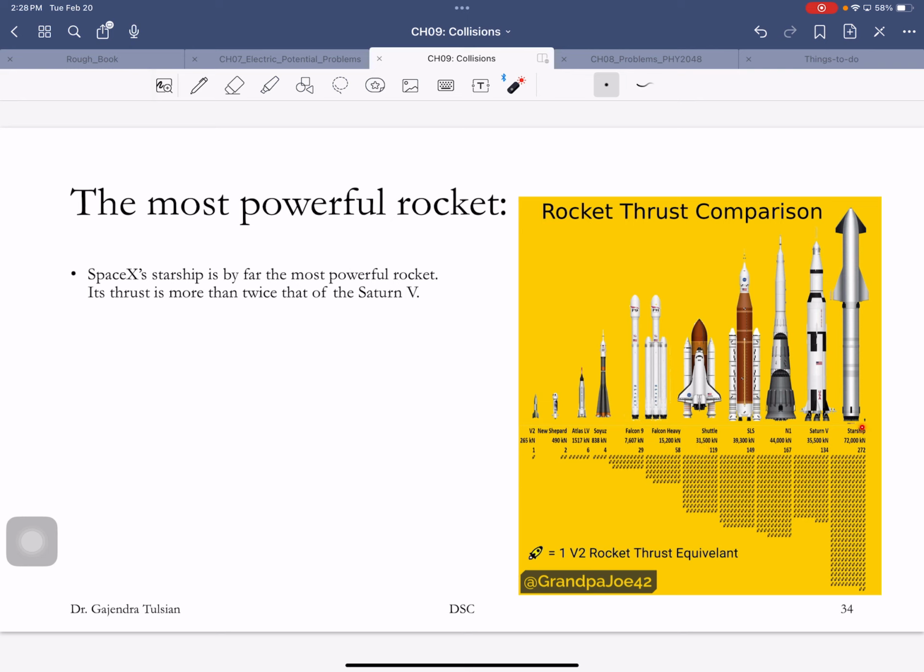This is Starship, more than twice as powerful. Falcon Heavy is that. This is 5 times as powerful as the Falcon Heavy. This was named BFR.